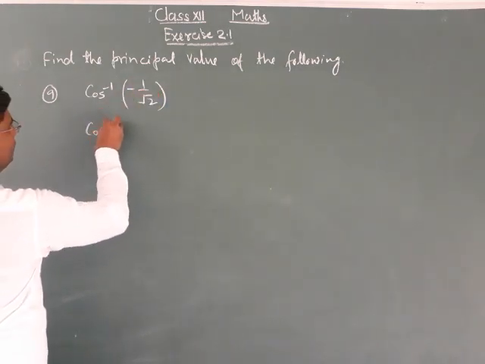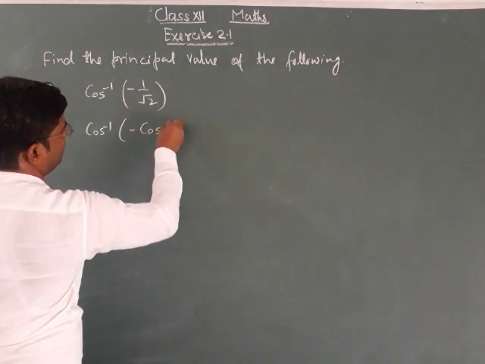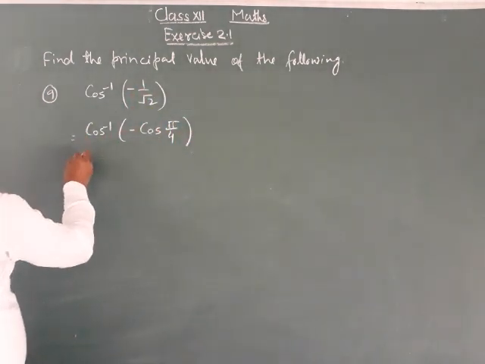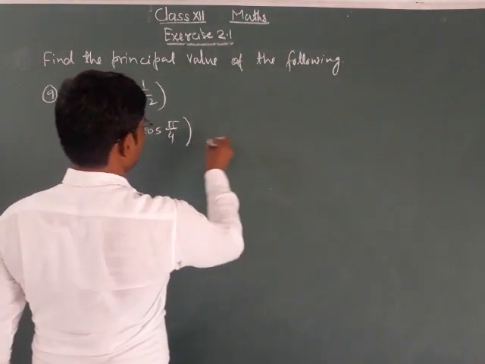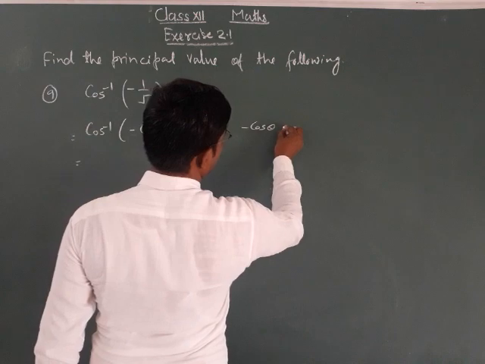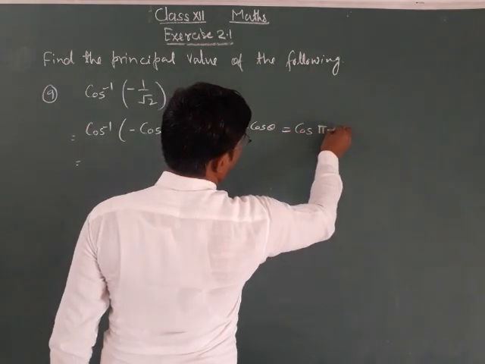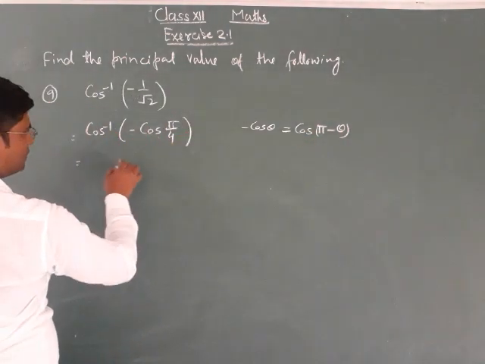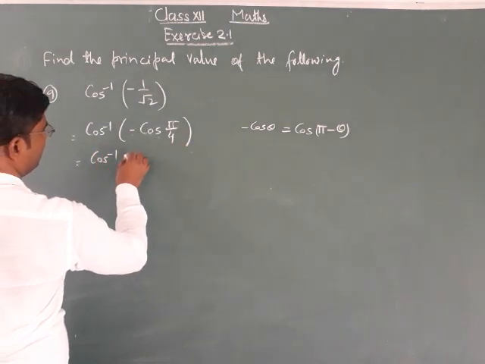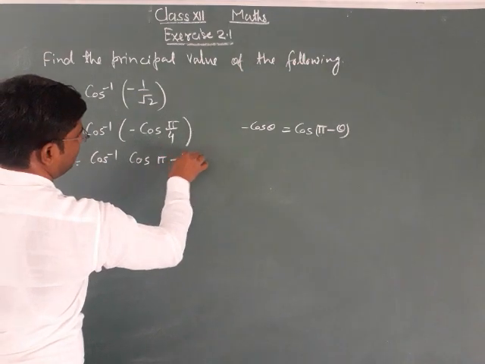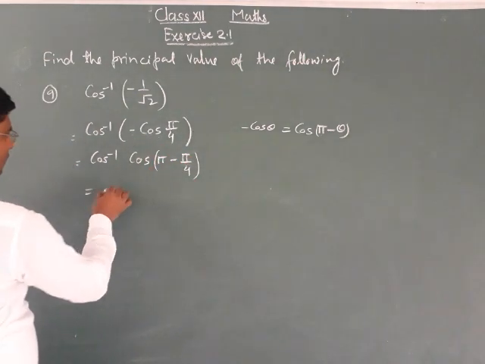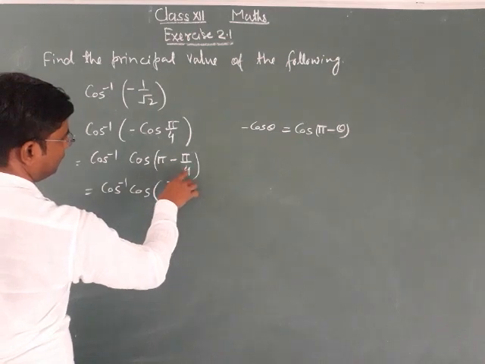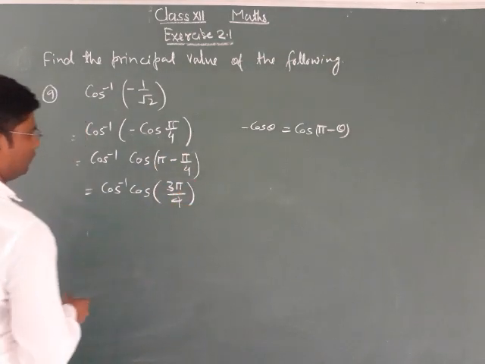So cos inverse of minus cos pi by 3. Since minus cos theta changes to cos of pi minus theta, now change it in this form: cos inverse of cos of pi minus pi by 3, which is 2 pi by 3.